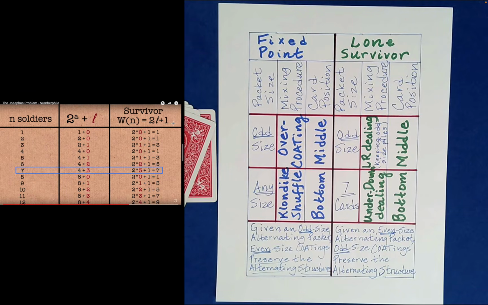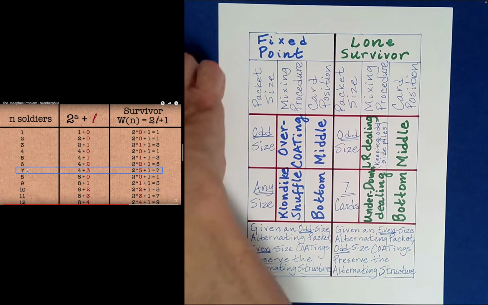It's 2 times that remainder L plus 1. So this locates the surviving position, where the surviving card will be found. Okay, so for a packet of 7 cards, it just means the bottom card.